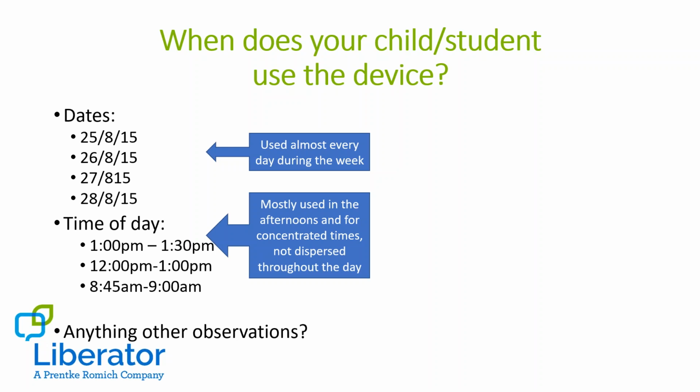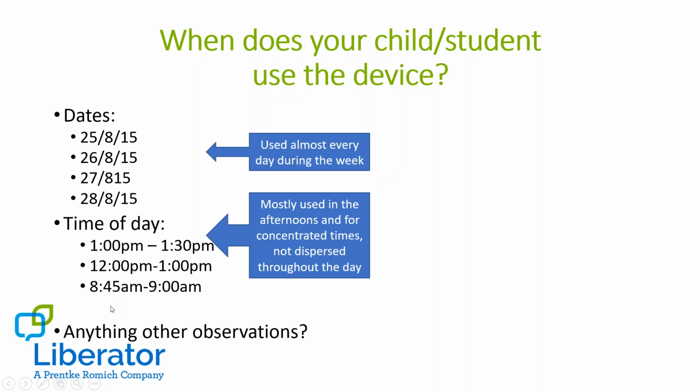And we can also see the time of day that device was used. And so we can see that even just from looking at the data represented in this way, from that time of day, we can see that the device is used between sort of 12 and 1:30. And then there's this sort of outlier where it's used at 8:45 to 9.